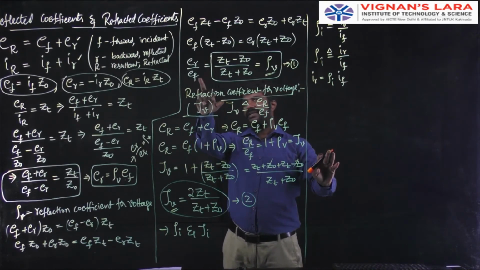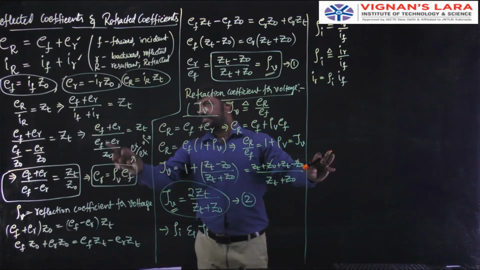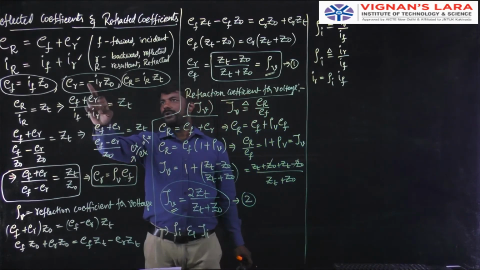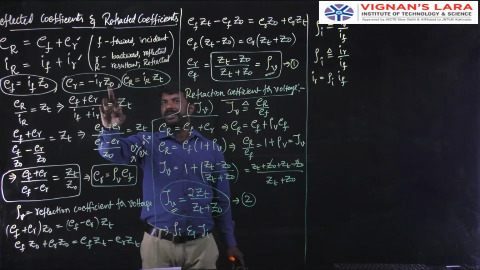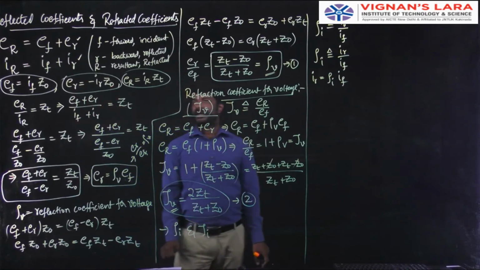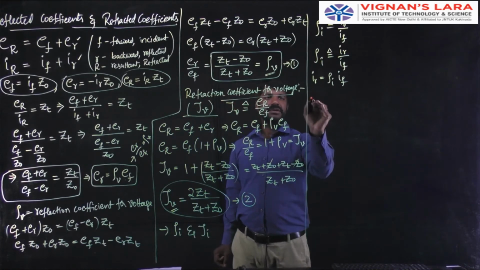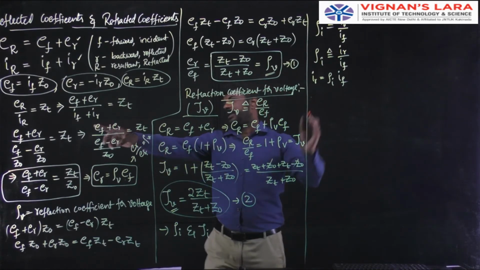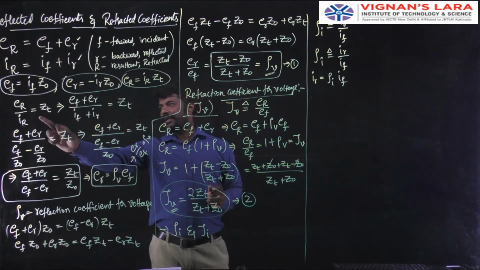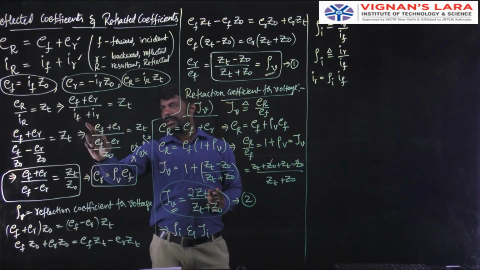Then, for capital ER, we got the reflected current IR equal to minus ER by Z naught, so that capital ER by capital IR is equal to Z naught, and we have all these values.